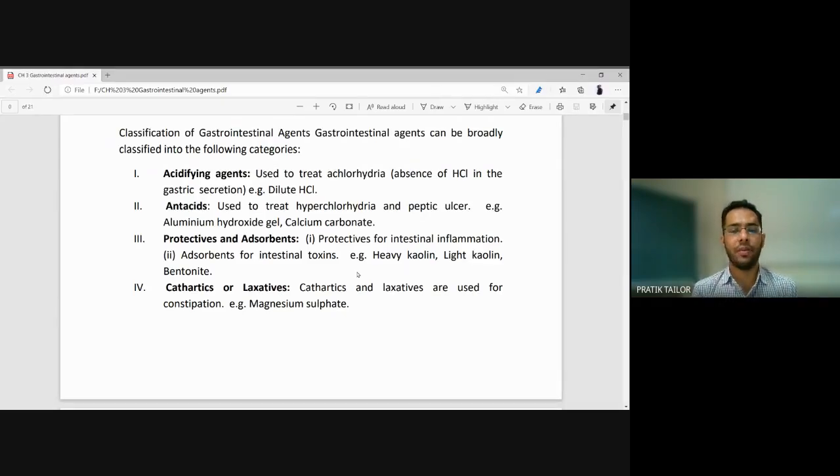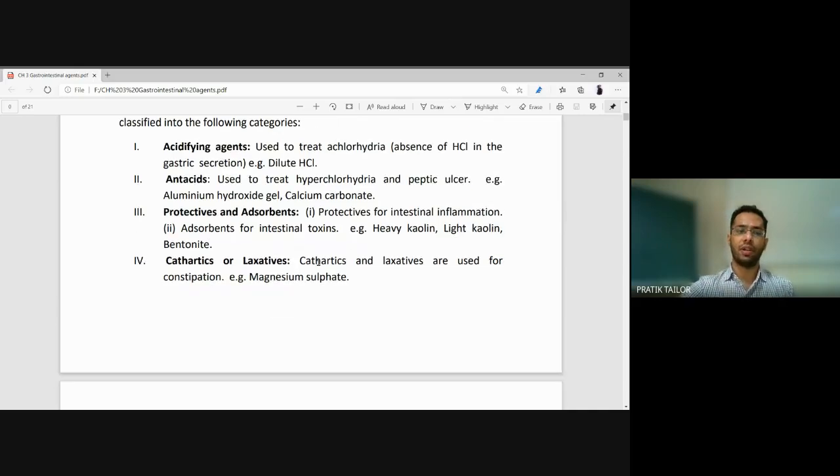Antacids will be used in hyperchlorhydria, where they neutralize the excess gastric acid. Protectives protect from ulcer and inflammation. Adsorbents adsorb the toxin in case of diarrhea, dysentery, or microorganisms. Cathartics and laxatives are used in constipation.